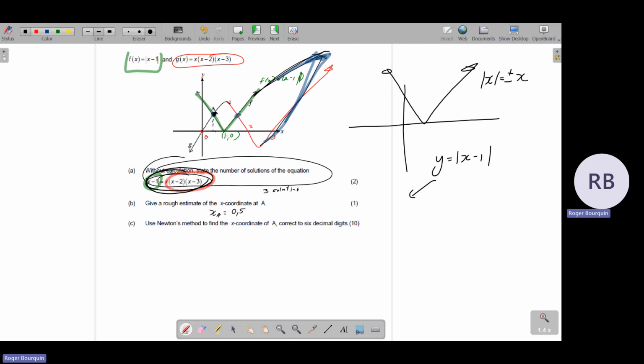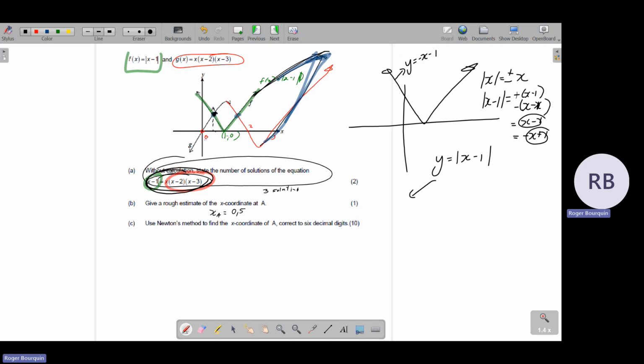So the absolute value of x minus 1 is equal to x minus 1, or minus x plus 1, and then pick which branch is more obvious. You could do it just by thinking about it: this branch has got a negative gradient, so this must be the line y is equal to negative x plus 1.